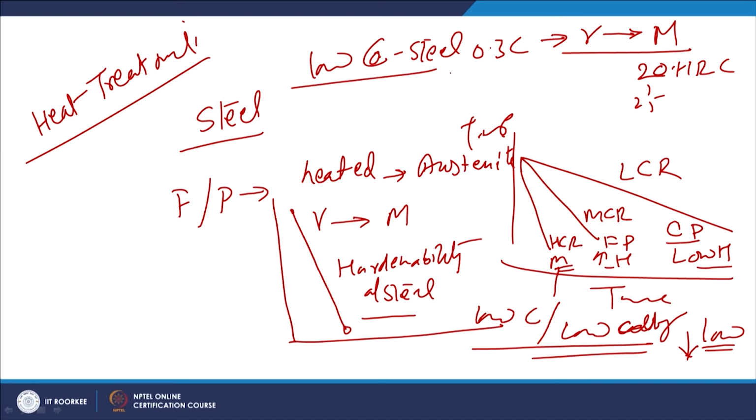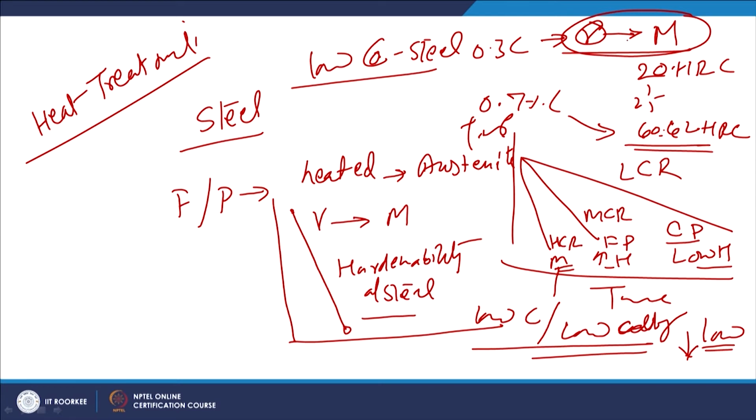On the other hand, if the same kind of transformation is realized in the steel having 0.7% carbon, then this increase can go as high as 60 to 62 HRC. So, this significant increase in hardness can be realized through the austenite to martensitic transformation by rapid cooling only if the carbon content in the steel is high.